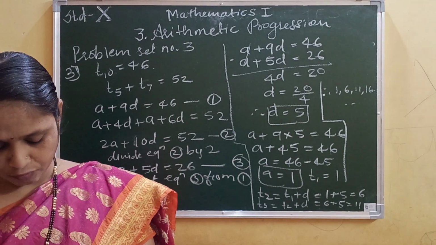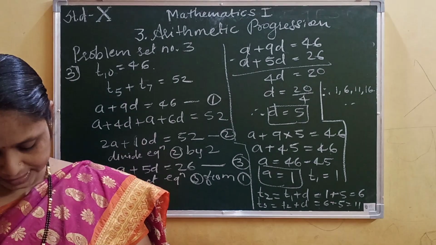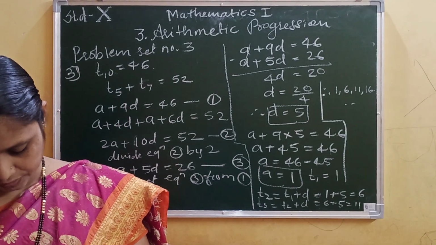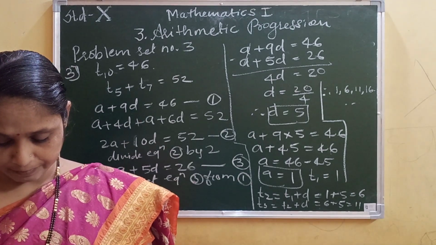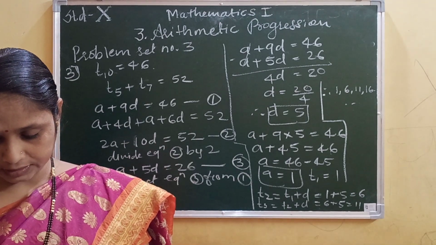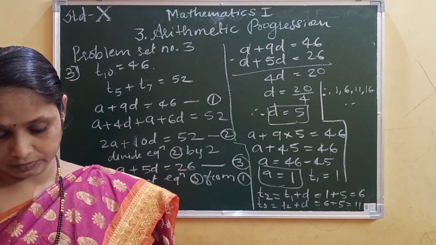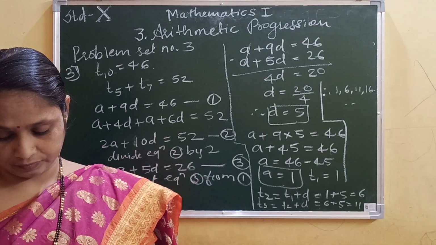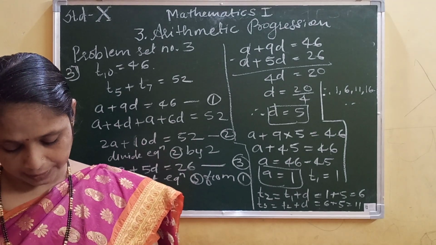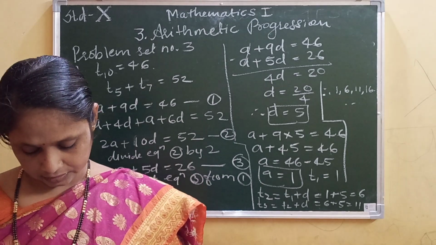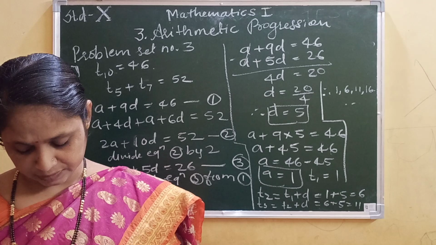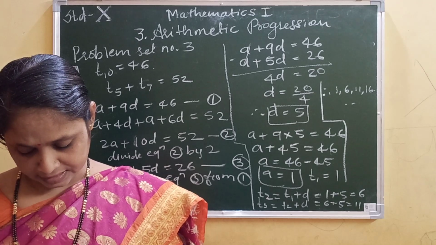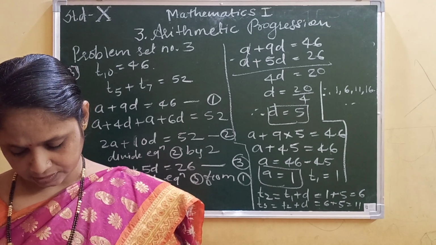Third and sixth is the same. Now we will see the fourth. Fourth one and eighth one is the same. Fourth example is: the AP in which the fourth term is minus 15 and the ninth term is minus 30.